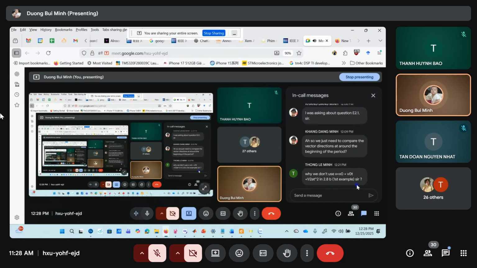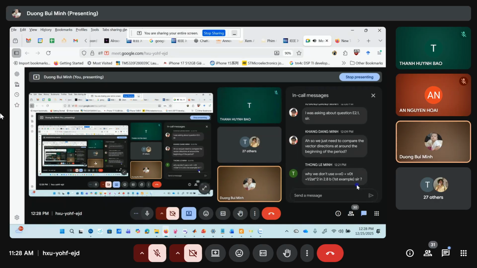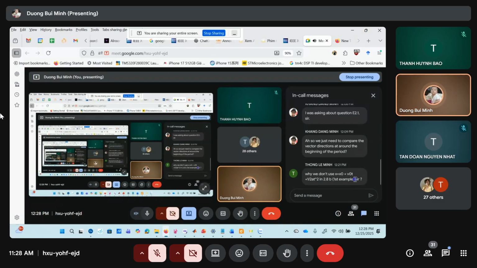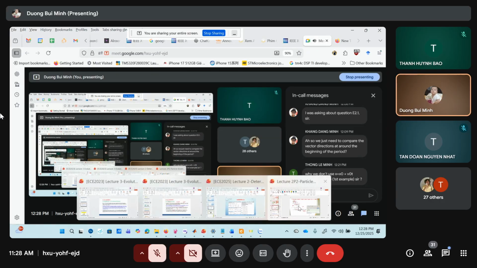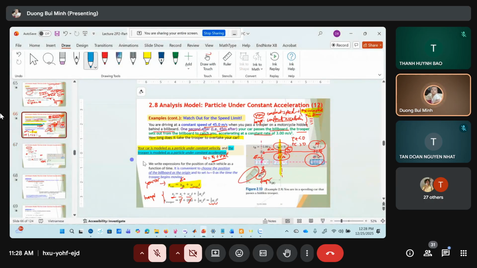So why we don't use xf is x0 plus v0 t plus, okay? Yes, you can do that.